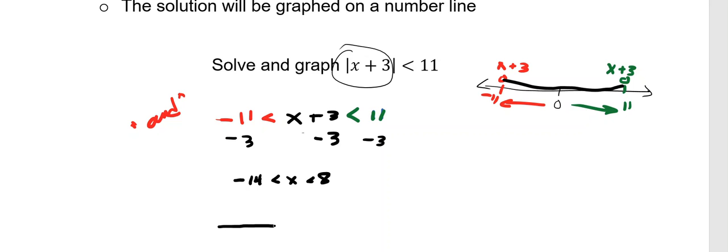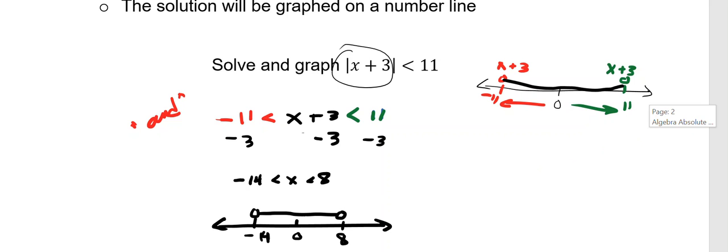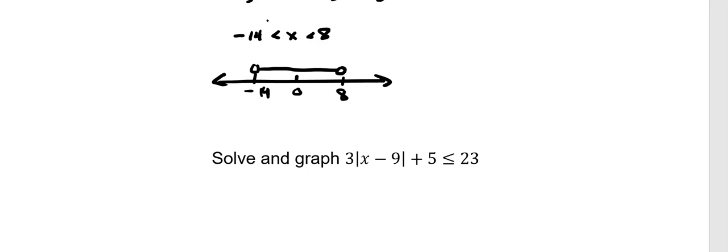But don't forget, we need to graph this as well. So we will mark 8 and negative 14, and because it's less than, with our symbols, we'll use open dots and a line segment. This essentially makes up our final solution.